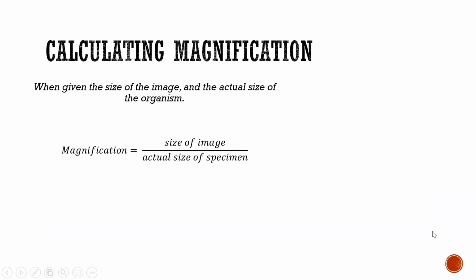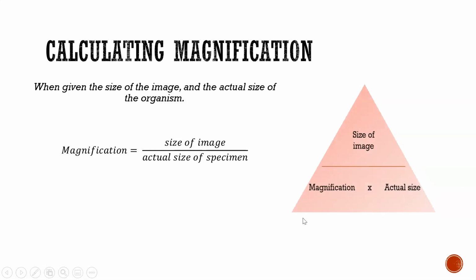Okay, so when it comes to calculating magnification, when you're given the size of an image and the actual size of the organism, our magnification is the size of the image divided by the actual size of the specimen. We can use one of our little triangles for that.